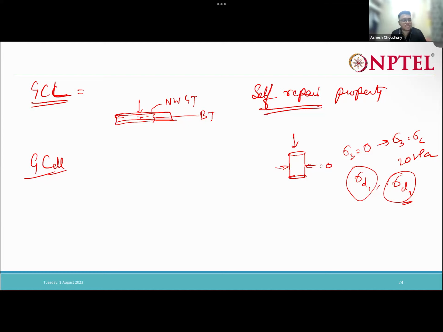Why? Because of the confinement effect. This is the same property with which the geocell works. It's a confinement product. It confines the soil, and this confining pressure acting on the soil strengthens it. That's all.